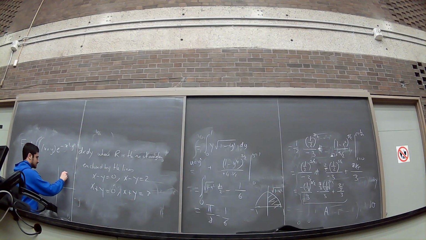So y is equal to x, right? And then y is equal to 2 minus x, right? Y is equal to x minus 2. Those two lines are parallel. Then y is equal to minus x.